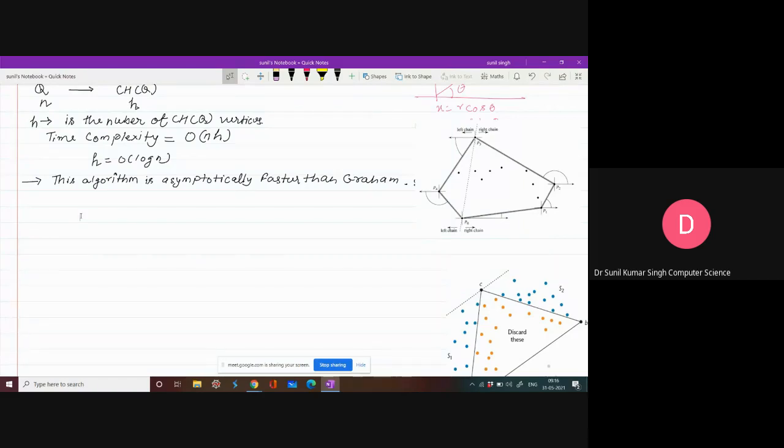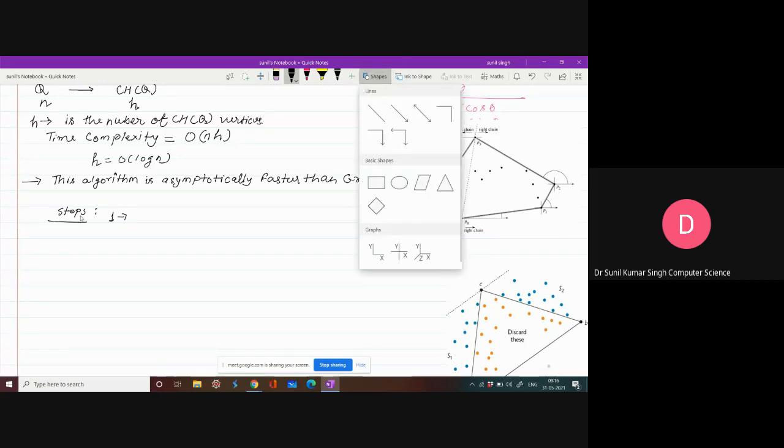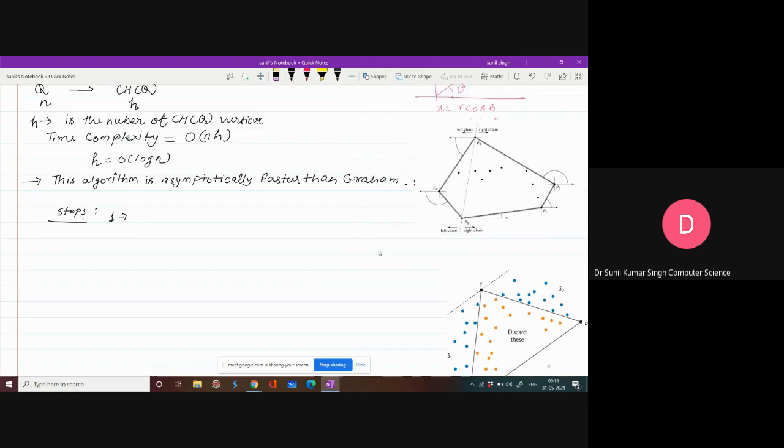These are the steps for finding the convex hull. So first, we have to select the lowest point.